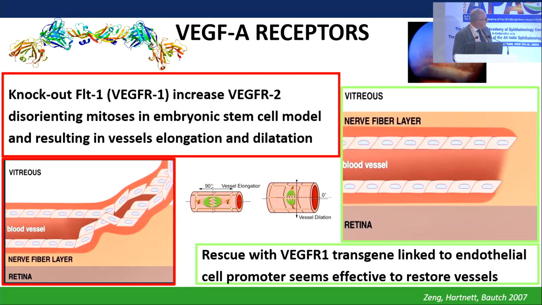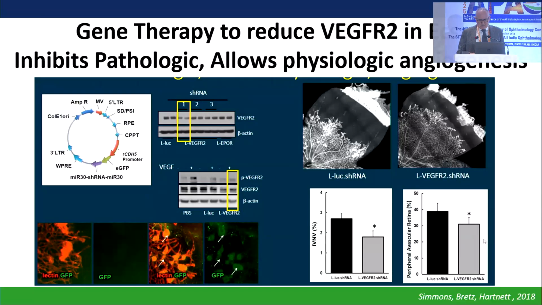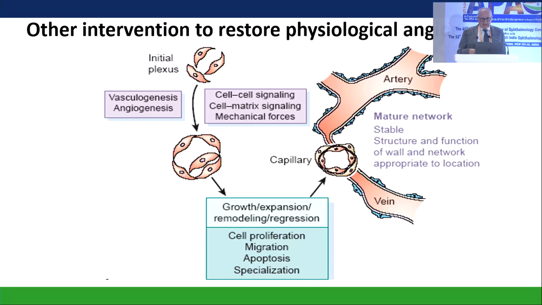In particular, if we are able to rescue VEGF receptor 1, we can restore normal angiogenesis, and this is also what Amy did years ago. Gene therapy that reduces the effect of VEGF receptor 2 seems able to inhibit pathological angiogenesis and allow restoring angiogenesis in the physiological way. Other possible interventions will target other sites of the angiogenesis process. So a lot of work has to be done.